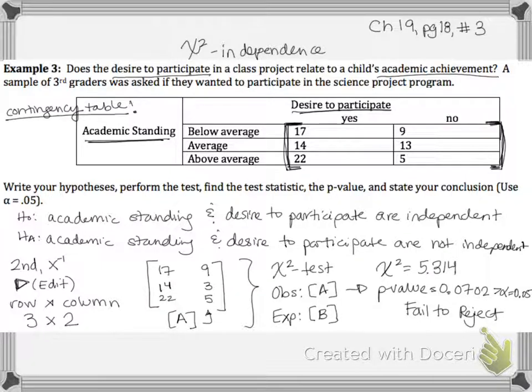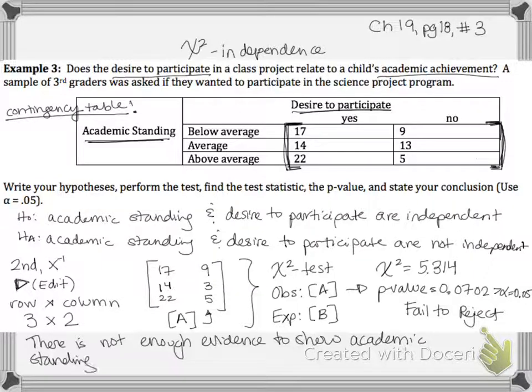So in this case, we again don't have evidence to show the alternative. So let's write that out in words. There is not enough evidence to show, and then I'm going to rewrite my alternative again, academic standing and desire to participate, and I'm going to use that same language, are not independent.